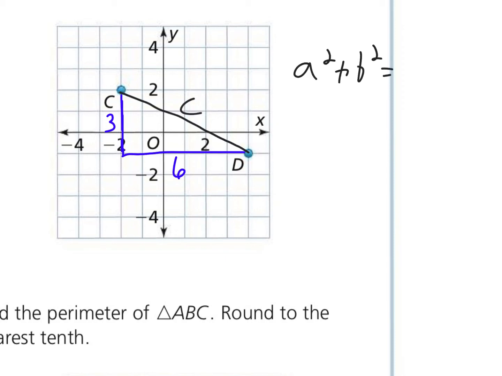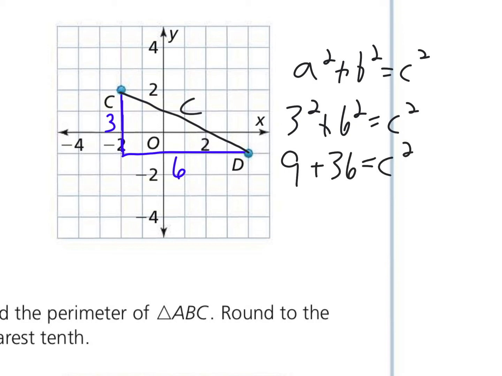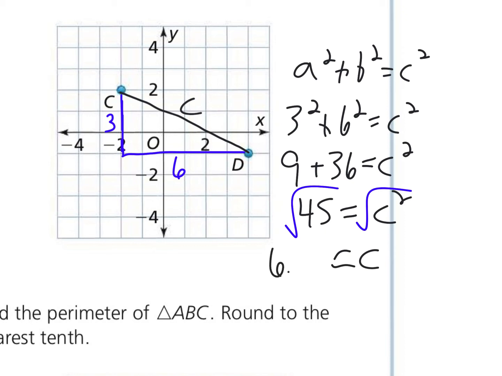And then it's just like what we were doing before. And it said nearest tenth. And so that would be about 6.7.